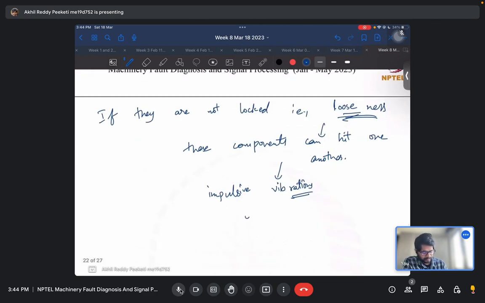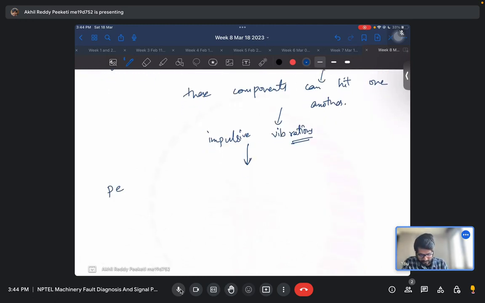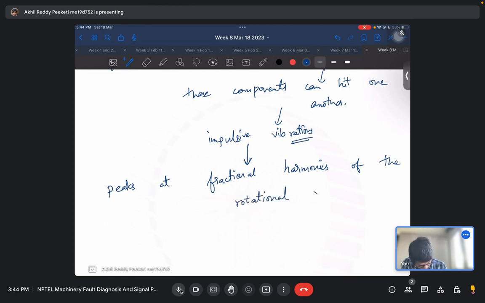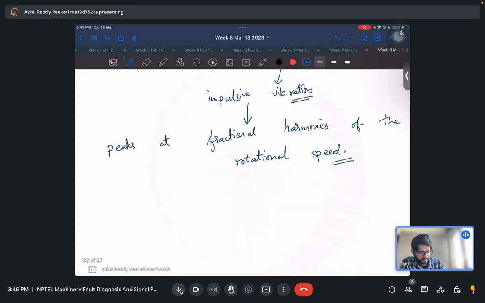Usually these impulsive vibrations, because they are hitting, will cause peaks at fractional frequencies or fractional harmonics of the rotational speed, plus their harmonics.